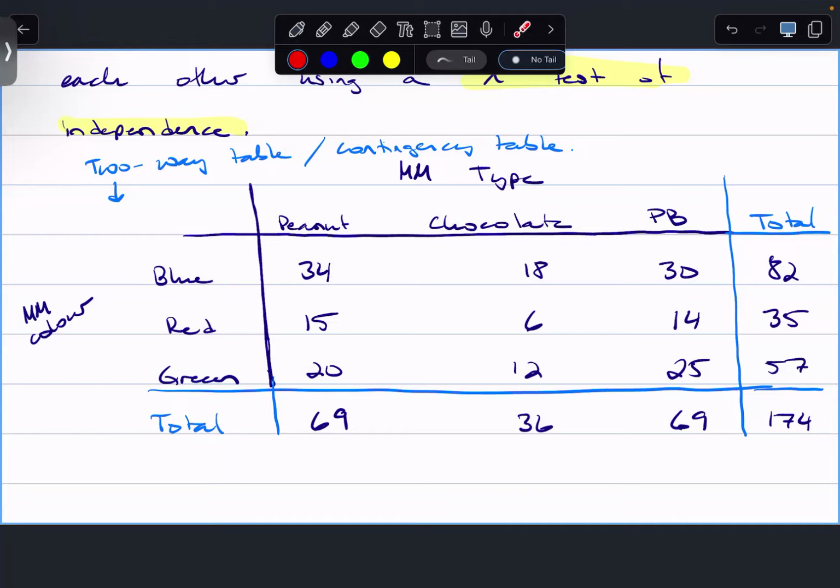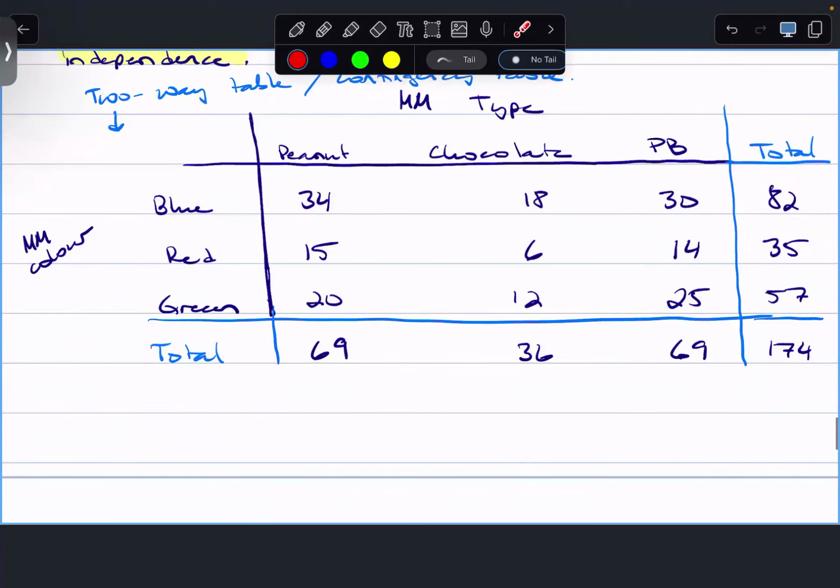So whether these categories in each variable are independent of each other. This one's not as important, but well, no, it is important. If we think about how people vote and how they respond to different survey questions, we suspect that those two things are dependent on each other, right? And so then we would do a test of independence. But this one's more fun to think about.